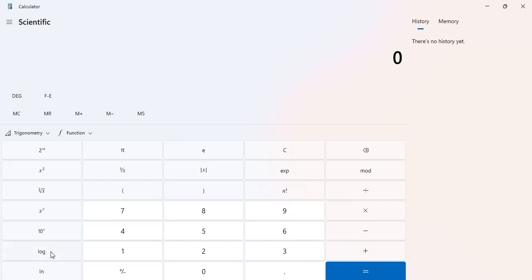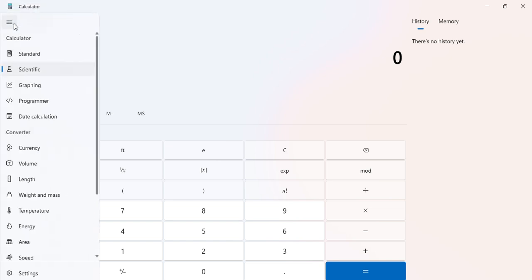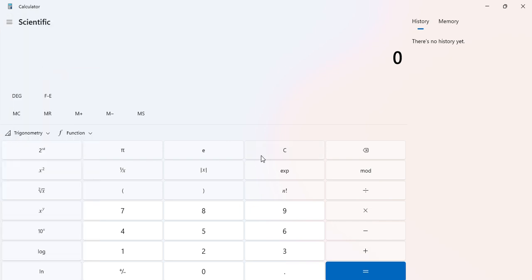Like that you can find logarithms and trigonometry functions. All these functions, sine, cos, you can find using the scientific calculator mode. To change it, you can find the menu navigator here. Just click on the menu navigator and choose scientific, and you can get the answers for all your scientific equations in this particular mode.